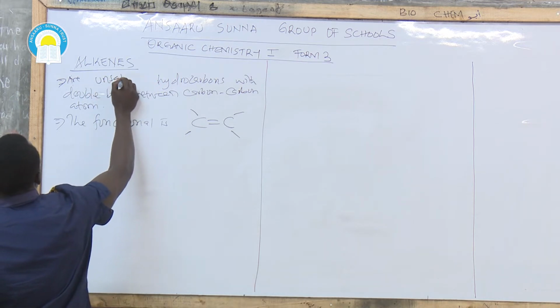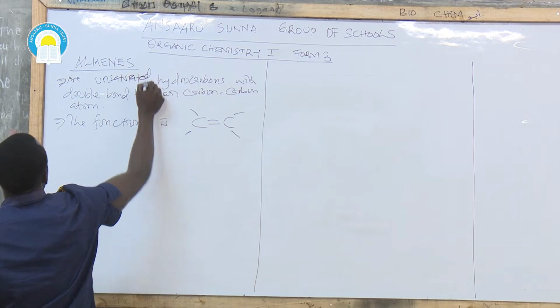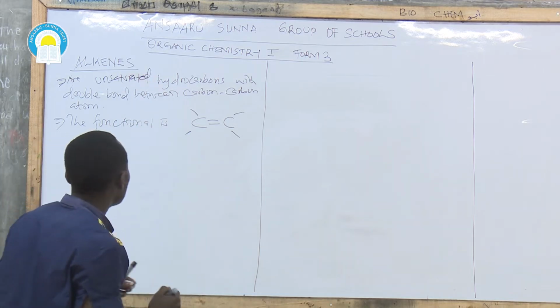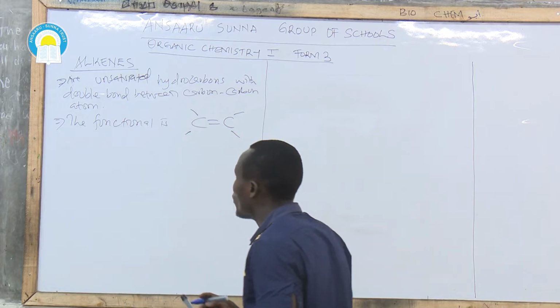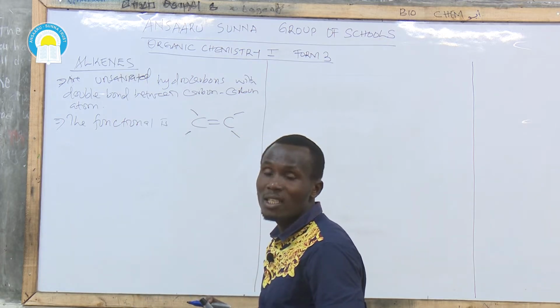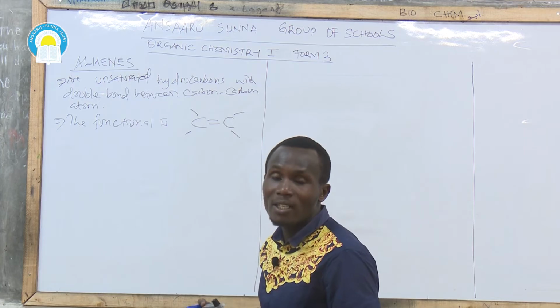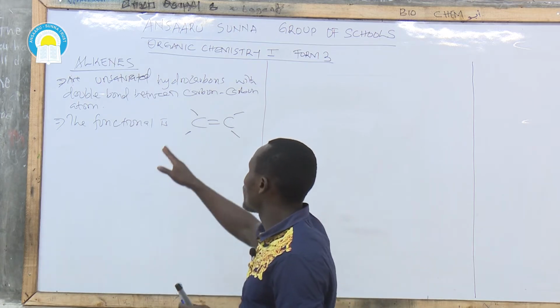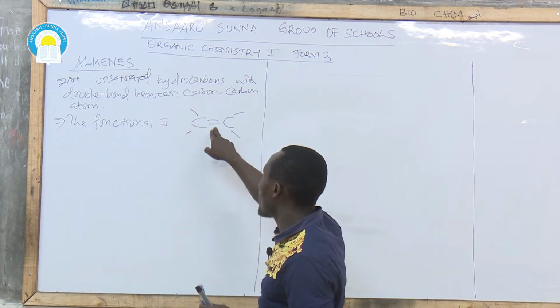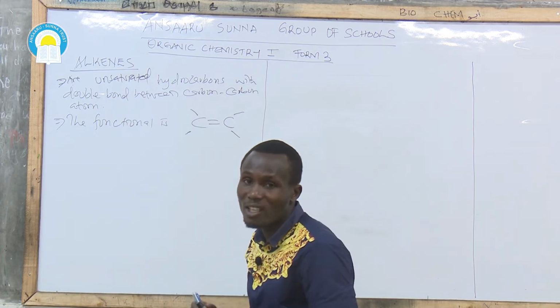Sorry, this one is supposed to be unsaturated. Alkenes are unsaturated hydrocarbons with a double bond between carbon atoms. The unsaturation is due to the presence of the double bond between carbon atoms. This makes alkenes unsaturated.